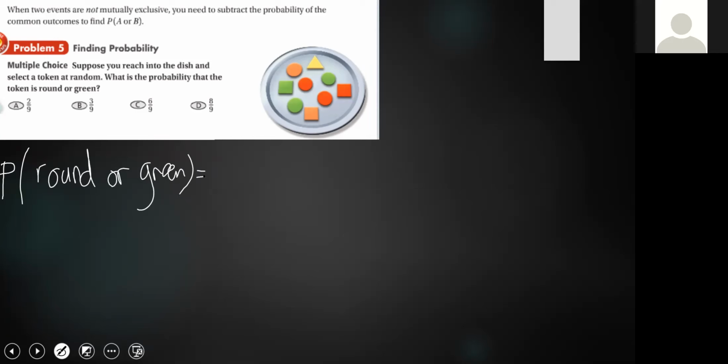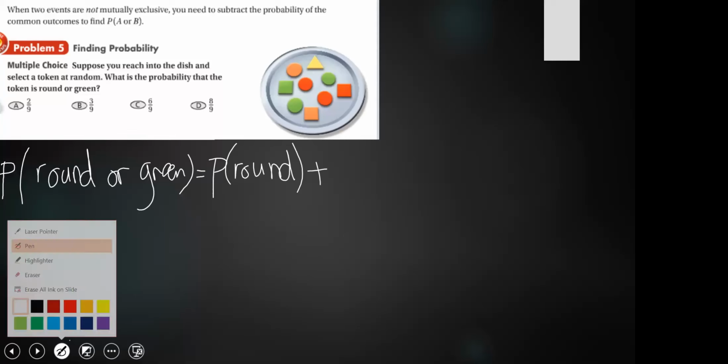When they say or, you have to use the formula that I talked about. In the question you have to decide whether it's mutually exclusive or not. So here, what is the probability that you choose a round or green?